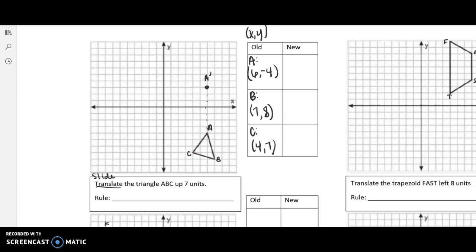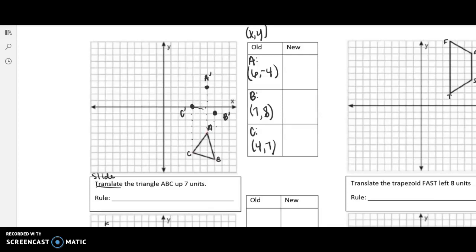And now we're going to do the same thing with B. 1, 2, 3, 4, 5, 6, 7. This is B prime to show that's my new B value. C moves up 7. 1, 2, 3, 4, 5, 6, 7. That's my C prime.